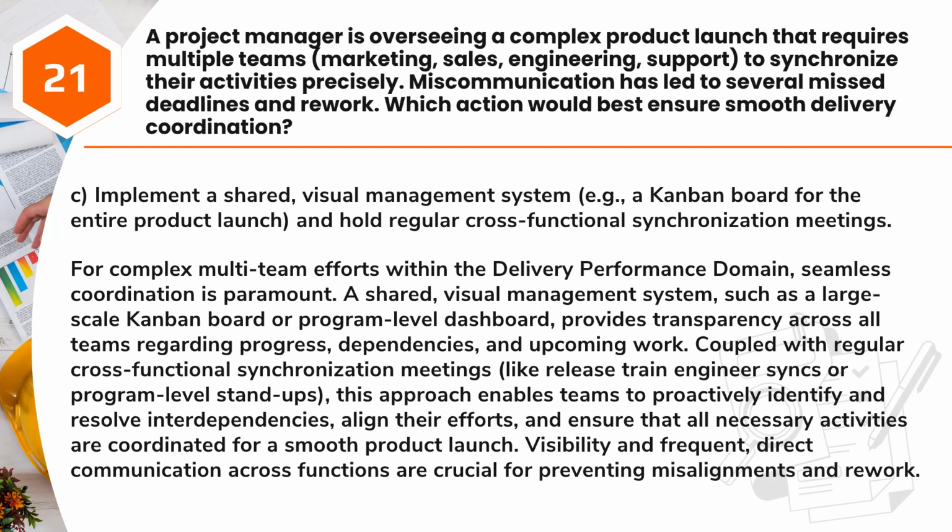Coupled with regular cross-functional synchronization meetings, like release train engineer syncs or program-level stand-ups, this approach enables teams to proactively identify and resolve interdependencies, align their efforts, and ensure that all necessary activities are coordinated for a smooth product launch. Visibility and frequent, direct communication across functions are crucial for preventing misalignments and rework.